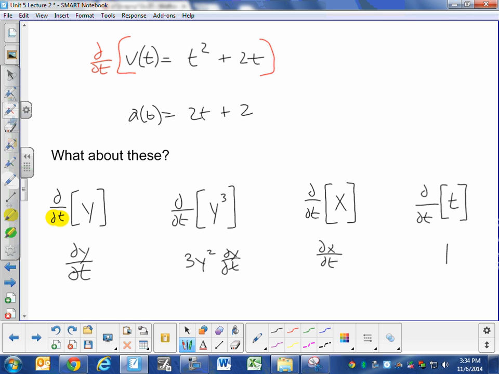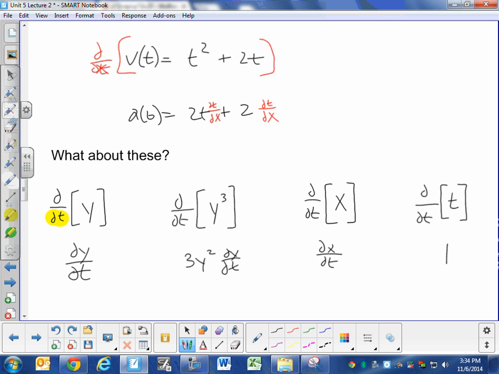And that's why you don't have any dt dx's. If we were taking the derivative with respect to x of this, it would have been 2t dt dx times 2 dt dx.